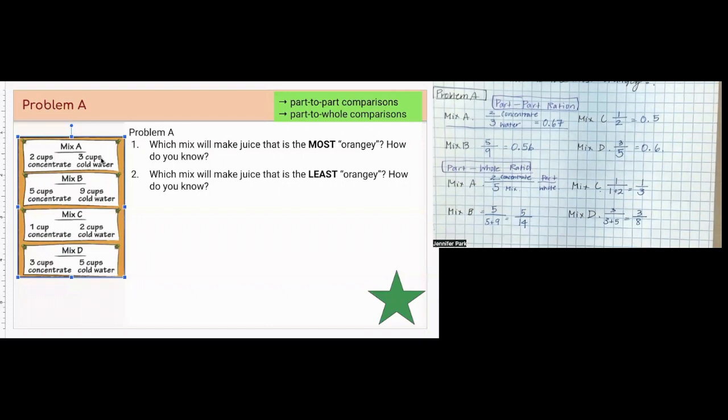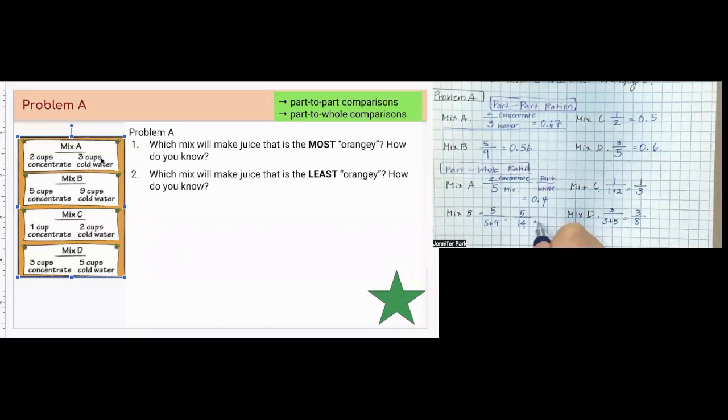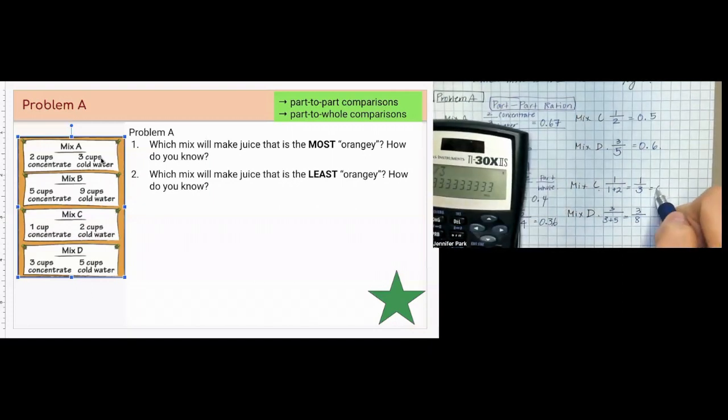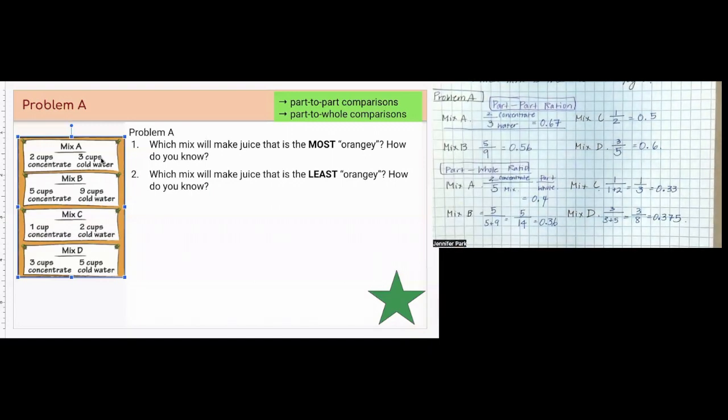Let's compare it by turning them to decimal. 2 divided by 5, that's 0.4. 5 divided by 14 is about 0.36. So then 1 divided by 3 is about 0.33. 3 divided by 8 is 0.375.